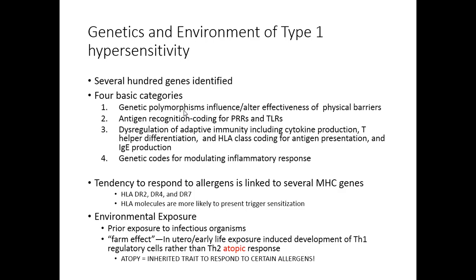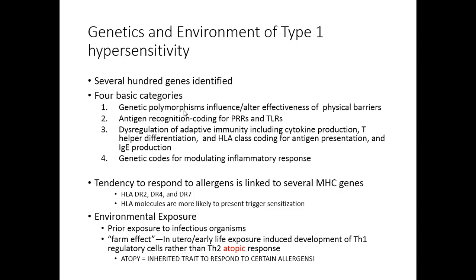So maybe someone has reduced capacity of mucus production, preventing inhalation of something, or something within the GI tract, for example, that maybe isn't as effective a physical barrier as someone else's. So there's some kind of genetic mutation that alters the effectiveness of their physical barriers.